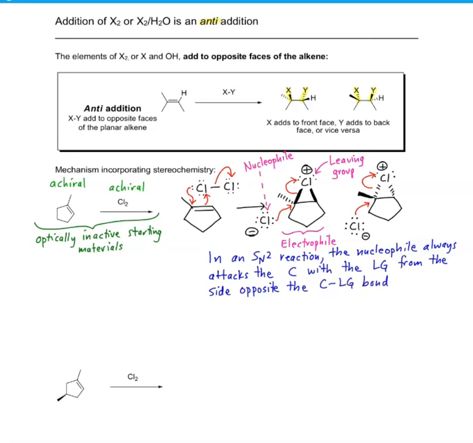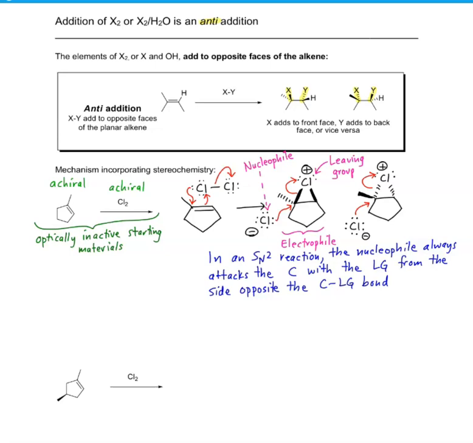All right, so what does that mean, and how do we accommodate that statement in the way that we draw the product of this step? So let's look at the chloronium ion on the left, the one that has the bonds to the chlorine coming forward. When the chloride ion nucleophile attacks it, it's an SN2 reaction. So it attacks that carbon from the side opposite the bond to the leaving group. Now the bond to the leaving group from our perspective is coming forward.